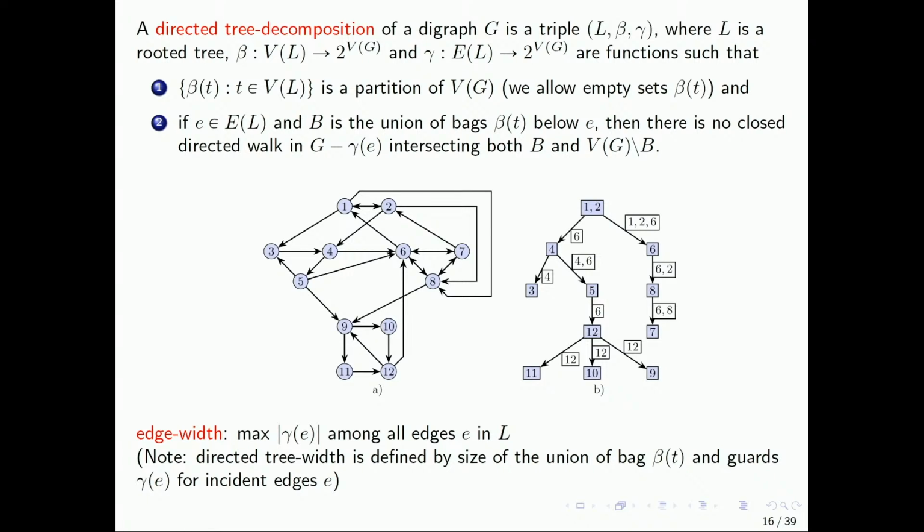But later on there is an addendum to the paper where they fix some argument by allowing empty sets, and then there is some more argument about that. The edge width is just the size of this. Yeah, we just consider the size of the vertices on the guard.